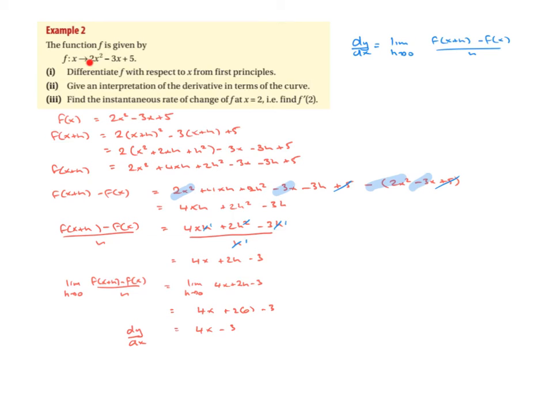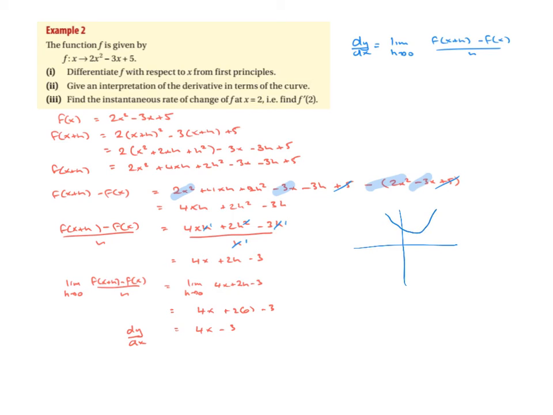our original function. Okay, so an interpretation of the derivative in terms of the curve: if we stick in any x value to this, it will tell us the slope of the tangent at that particular point. So for example, the 2x squared looks something like this. This graph's going to look something like this maybe.